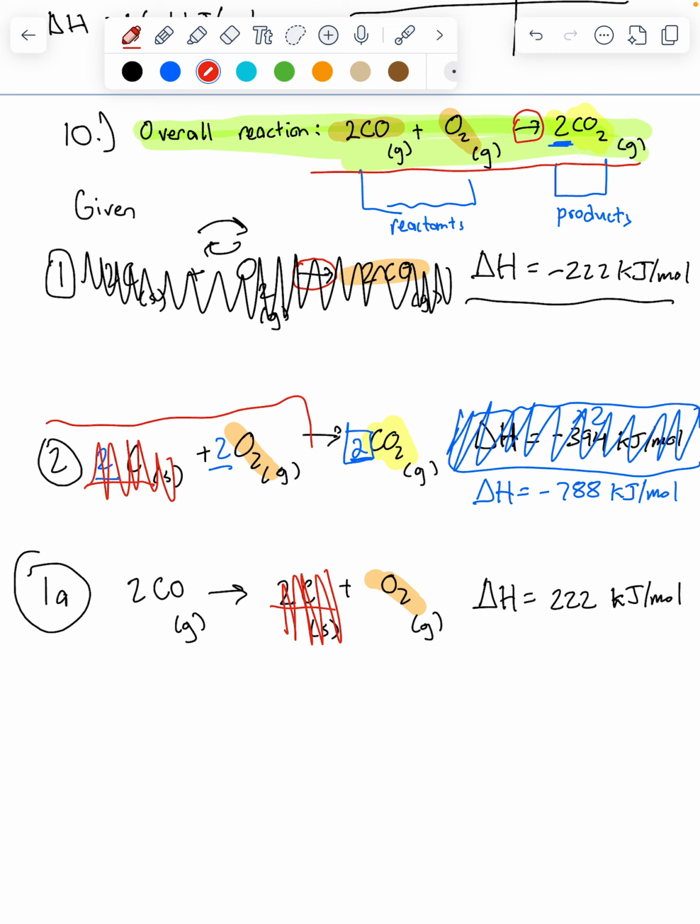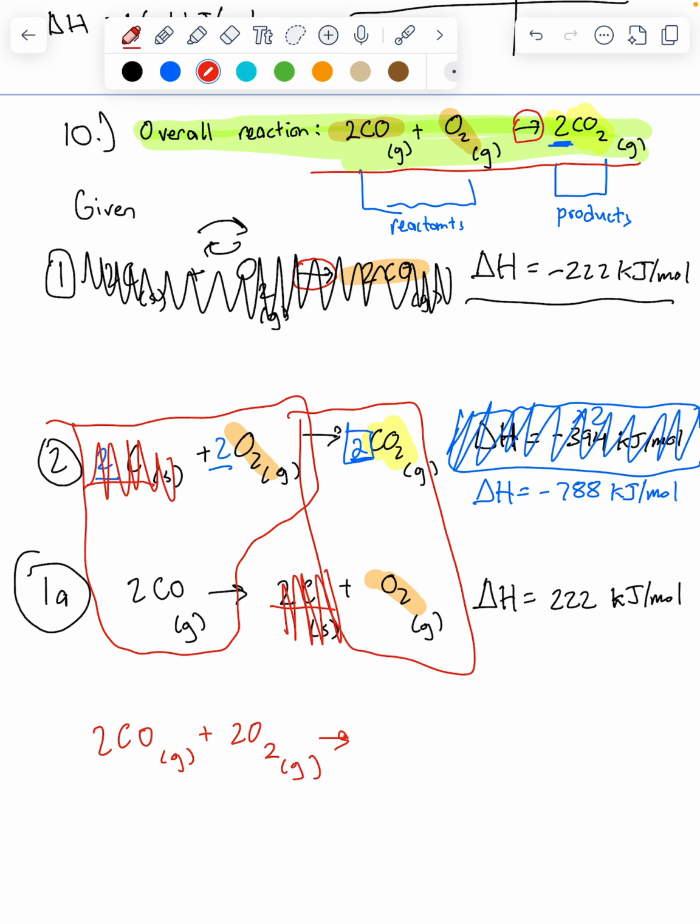Now, if we are to add up our reactants here, we will get 2 CO, which is a gas, plus 2 O2, gas, makes, we add these up here, 2 CO2, gas, plus O2, gas here.